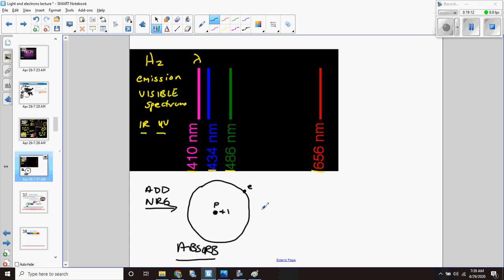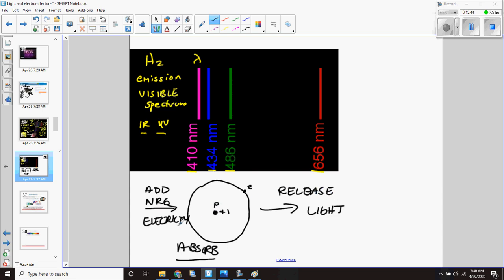But after hydrogen absorbs this energy, in this case from electricity, the hydrogen atom has to somehow release light. And these 4 wavelengths of light are the light being released by hydrogen after it has absorbed energy and then released energy.